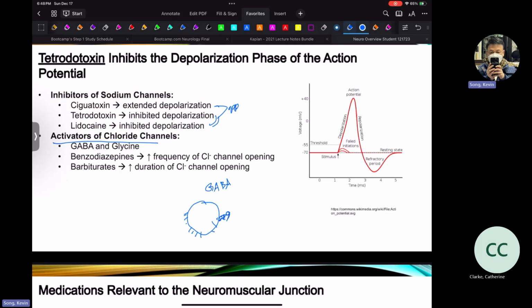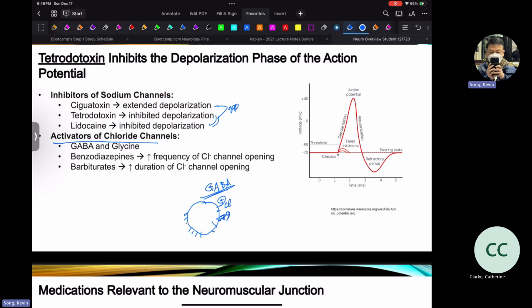Out of those, there's a chloride channel. When this chloride channel is stimulated, that is how GABA functions. GABA is an inhibitory protein, right? GABA and glycine are inhibitory proteins that make you relax. For instance, alcohol works here, opioid works here.